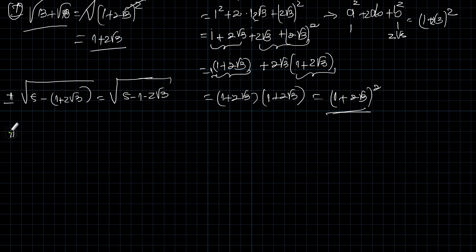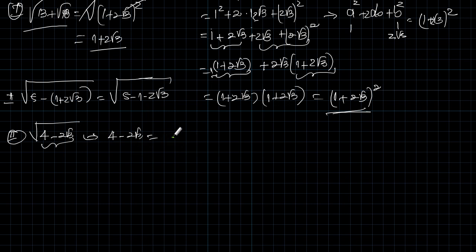So our case 2 turns into the square root of 4, since 5 minus 1 is 4, minus 2 square root of 3. Okay, so now we have to simplify this as well, so let's work on this and turn it into a perfect square. We now have 4 minus 2 square root of 3.